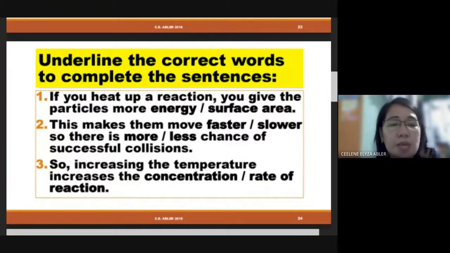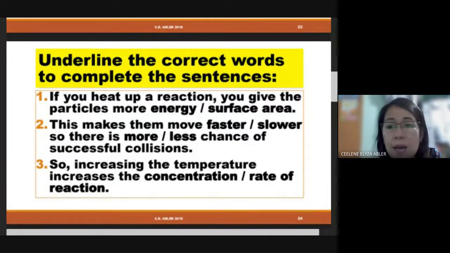Okay, for number 3, so increasing the temperature increases the concentration or rate of reaction. So alin dito ang mas ipipiliin nyo? So the entire section from numbers 1 and 2 actually relates to the rate of reaction. So increasing the temperature actually increases the rate of reaction. So you will notice this on the graphs.